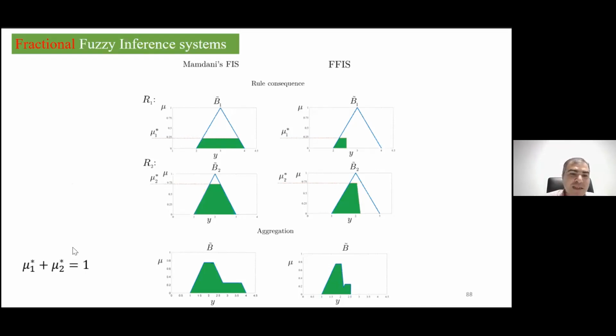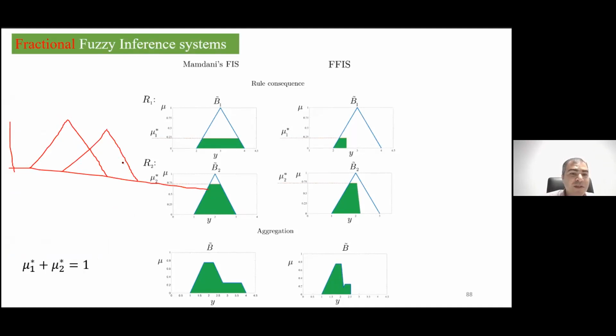And we assume that the membership functions in the antecedent part are in a half overlap.